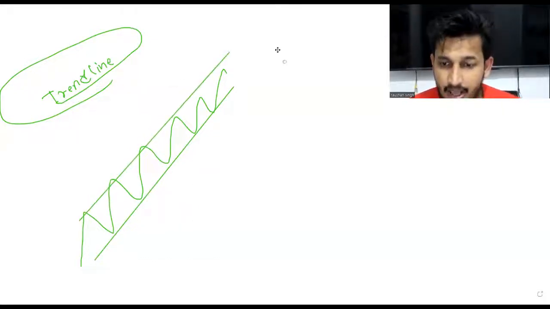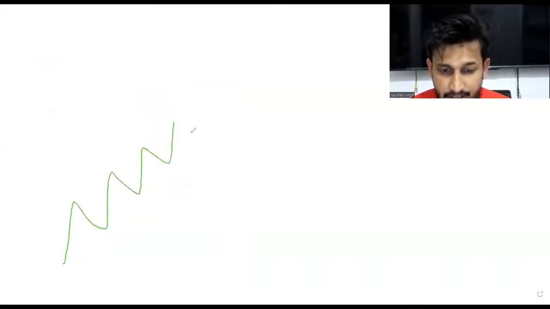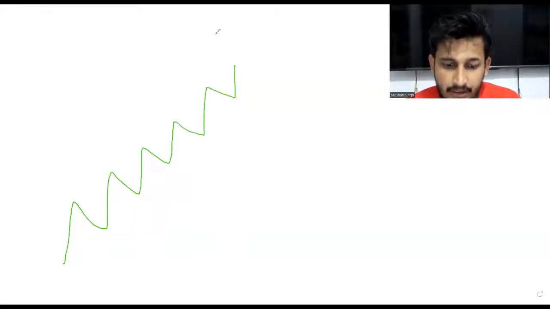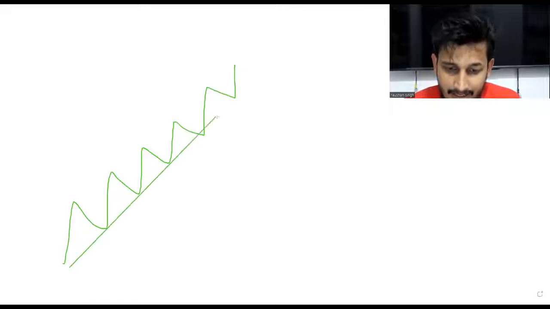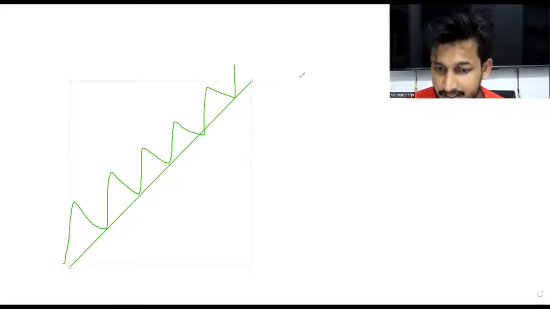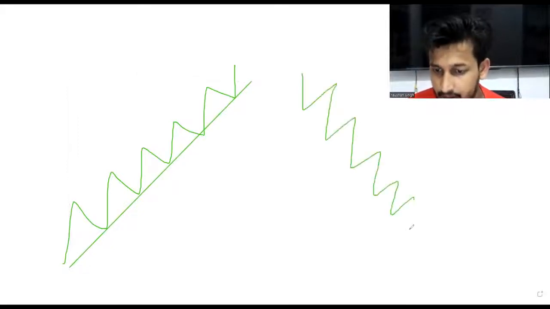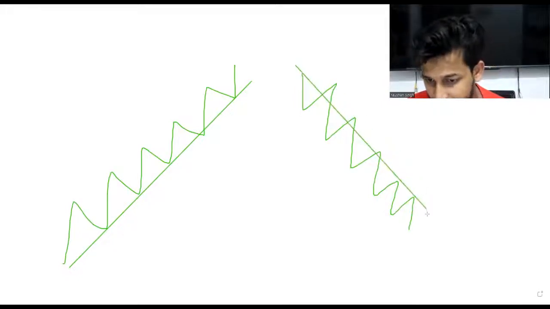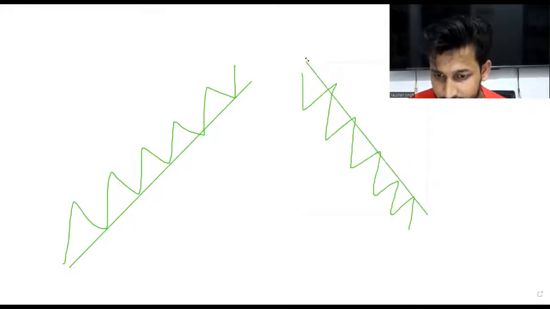Now let's say that the market is in uptrend. We will draw a trend line by touching the lows of the candle. And if the market is in downtrend, we'll draw the trend line by touching the highs of the candle.